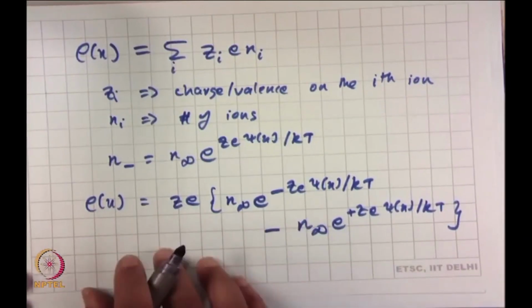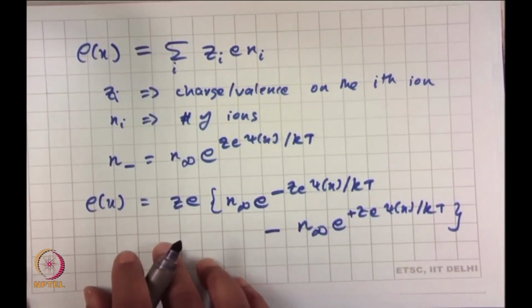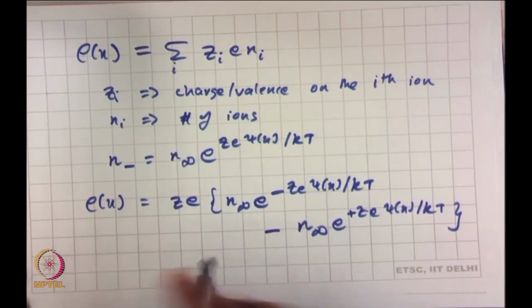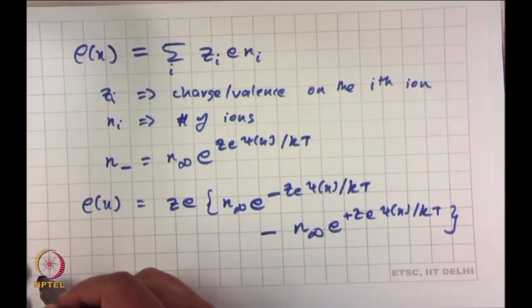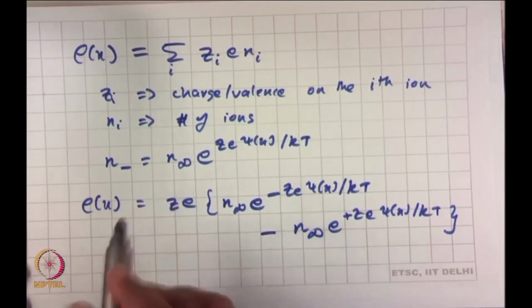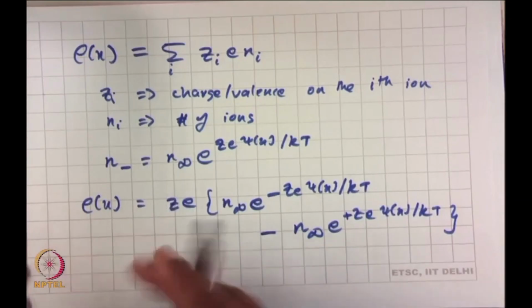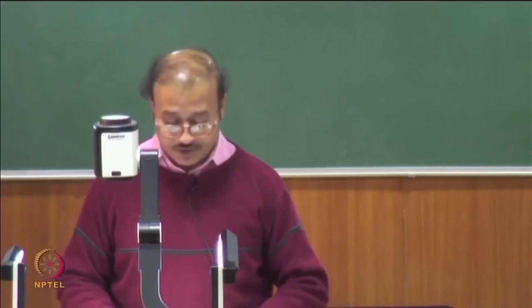But how do I relate it to something more fundamental? Remember, when we started with this, we said it was a Poisson-Boltzmann equation. We have looked at the Boltzmann equation, but where does the Poisson come from? The Poisson equation, I will not show the derivation, just take it from me.